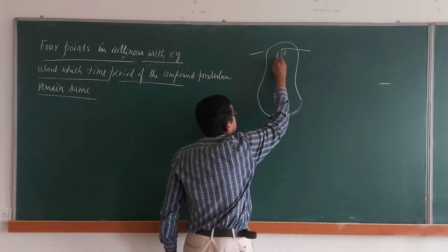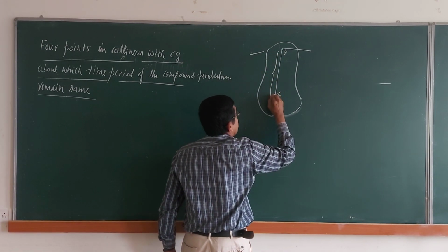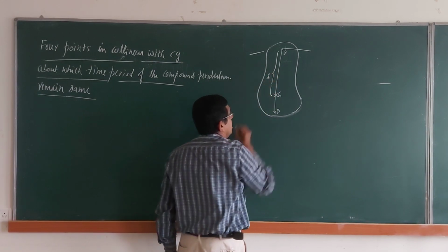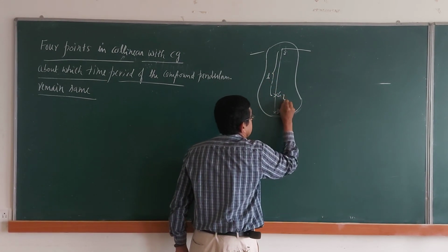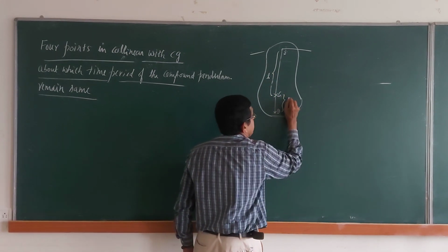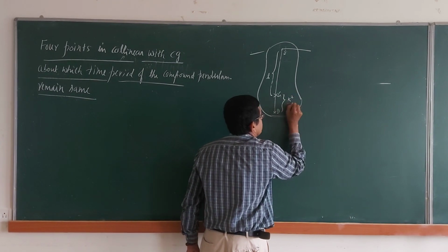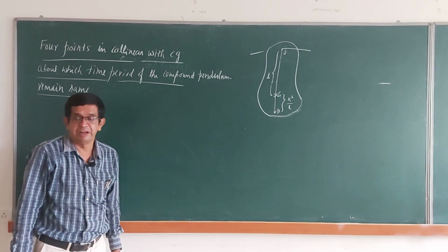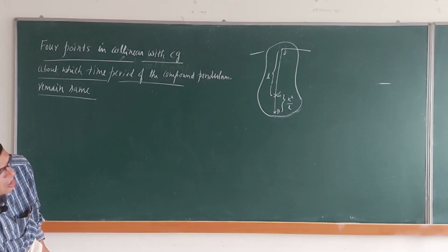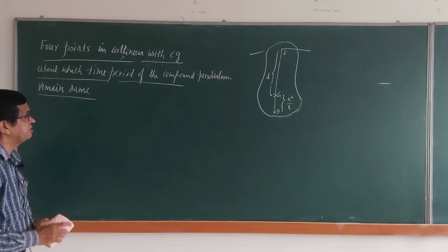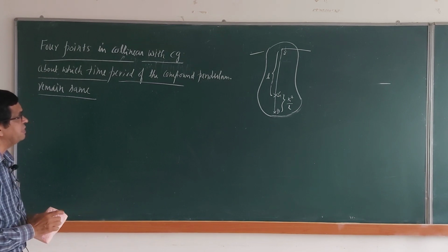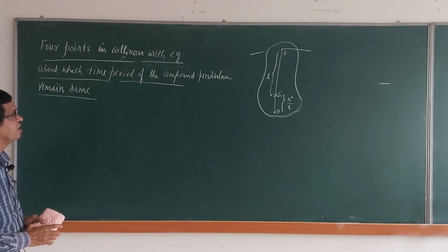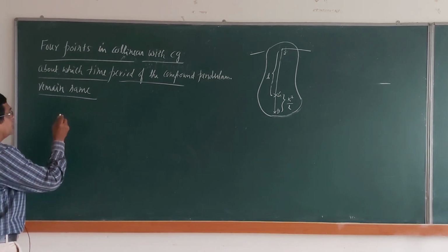The distance between S and the center of gravity we write as L, and the distance between the center of gravity and the center of oscillation we write as k square by L. What is k here? The k is the radius of gyration. Now, let us assume that T is the time period of the pendulum.